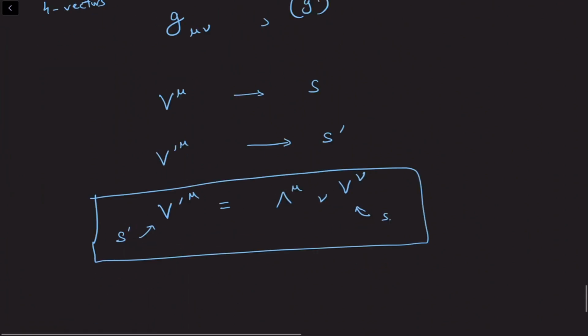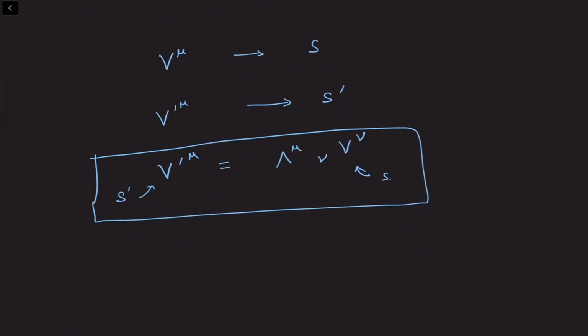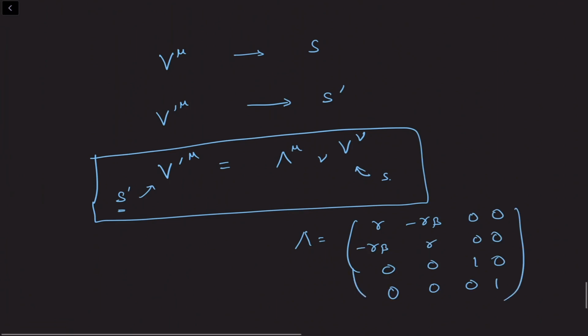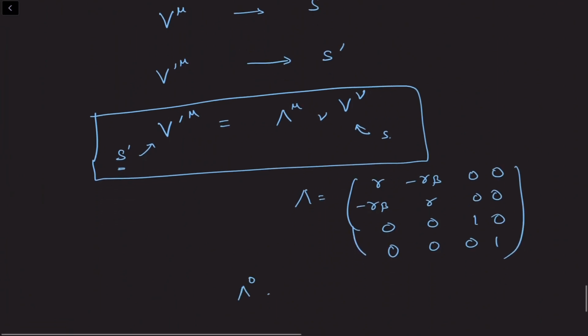And in the special case, for example, where S prime is a frame which is moving along the x direction with the velocity v, the matrix lambda is gamma, minus gamma beta, 0, 0; minus gamma beta, gamma, 0, 0; 0, 0, 1, 0; 0, 0, 0, 1. So in particular, lambda 0 0 is gamma, lambda 0 1 would be minus gamma beta, and so on.